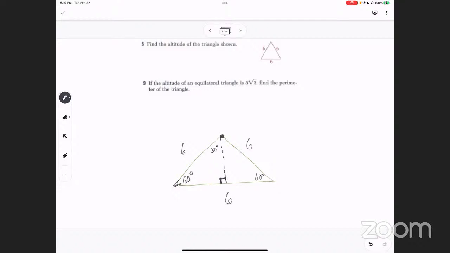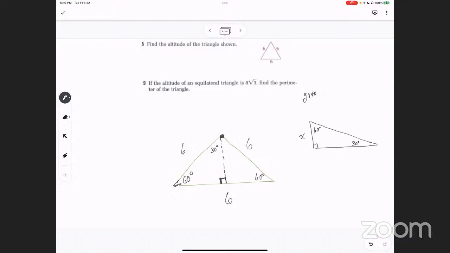I'm going to show it to you real quick, and you tell me if it rings a bell. If you have a 30, 60, 90 triangle like this, and you're given the shortest side, x is what I'm given.